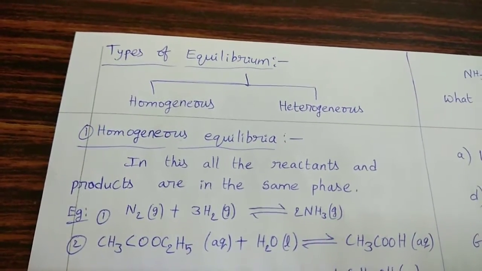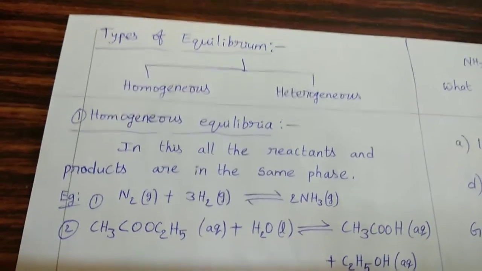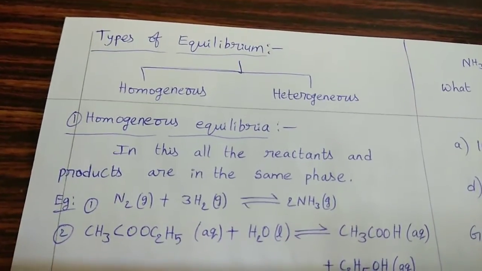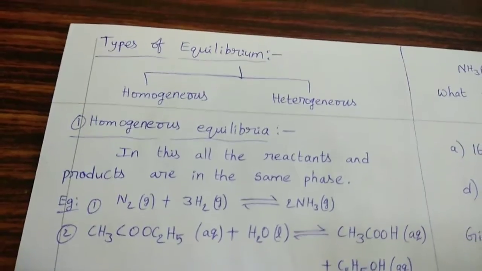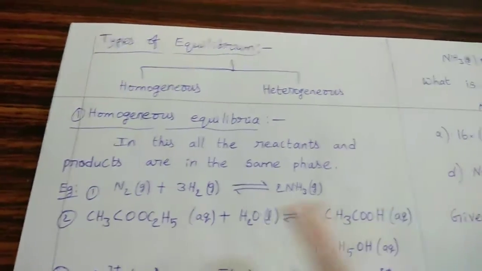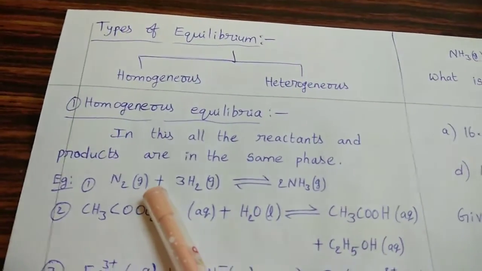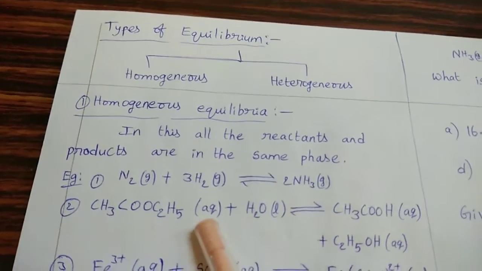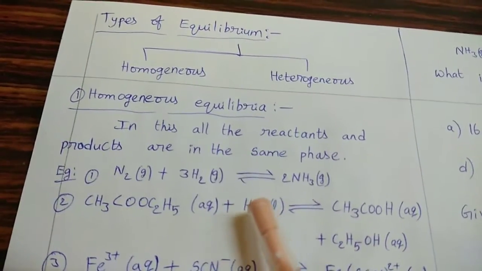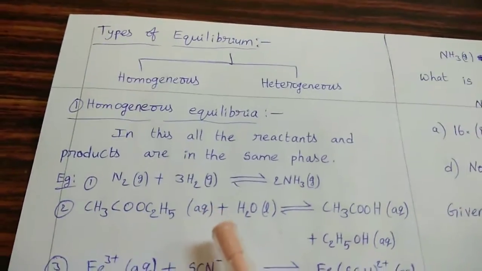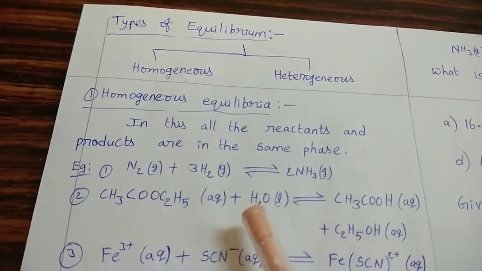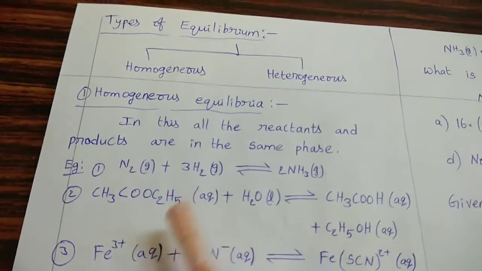Example, N2 plus 3H2 gives rise to 2NH3. The physical states of reactants and products are mentioned in brackets.